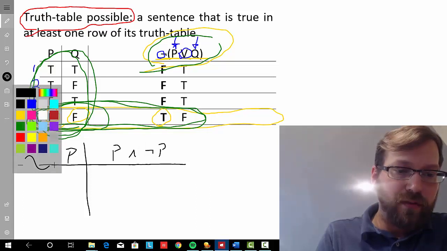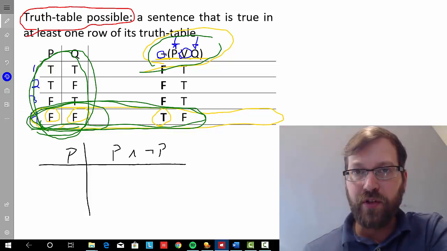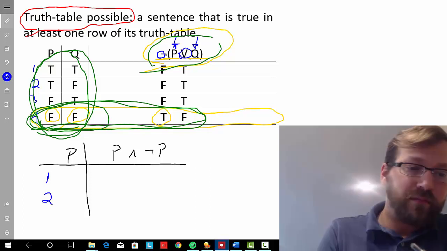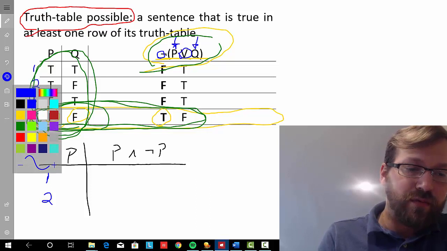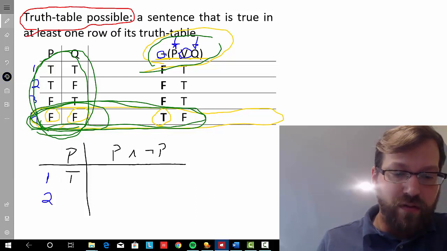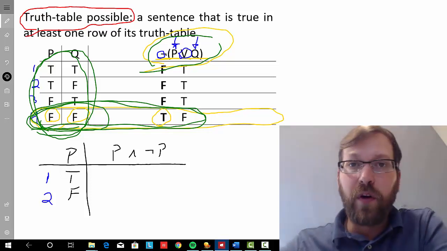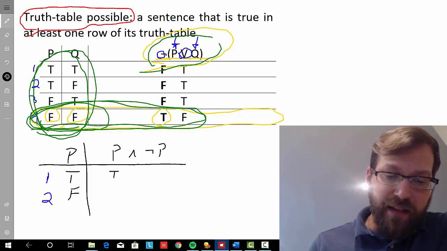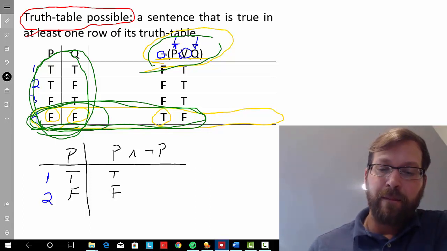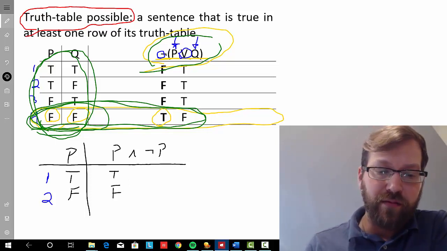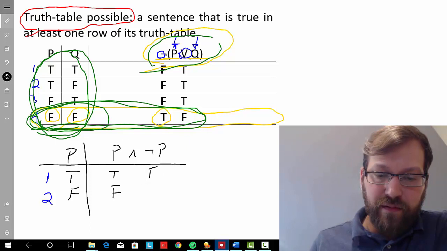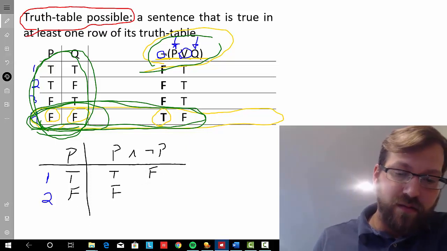Since we only have one proposition to worry about in our reference column, there's only two possible situations, namely where P is true and where P is false. So we can go ahead and just replicate that pattern here since this is P. We know that for not the case P, we've got to flip the truth value around. So since this is T, we need an F. And since this is an F, we need a T.